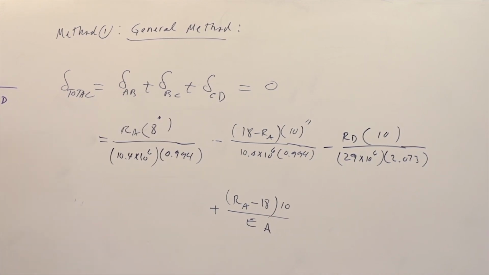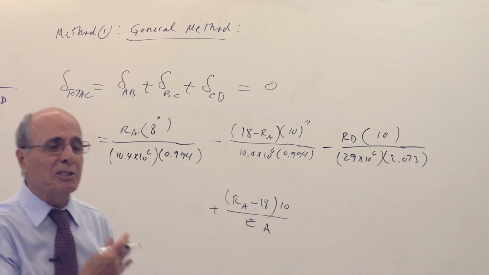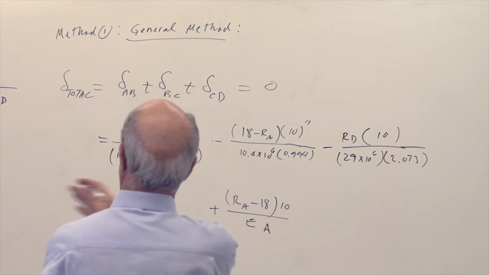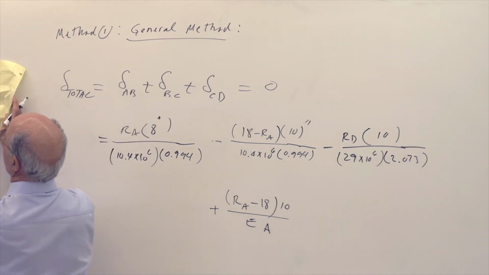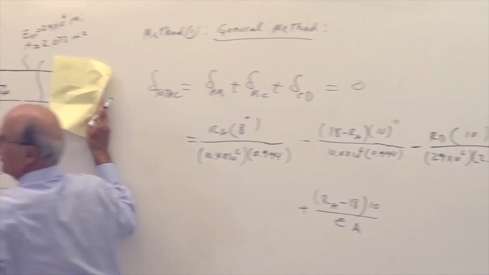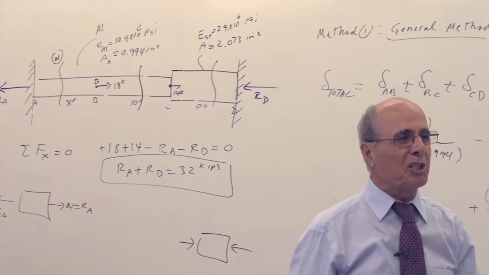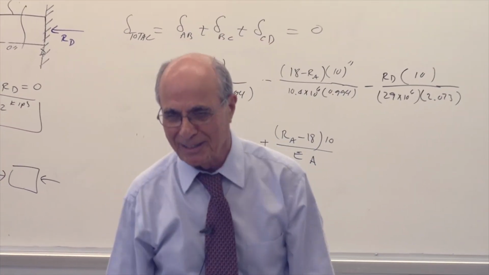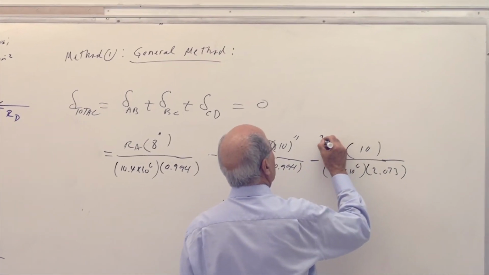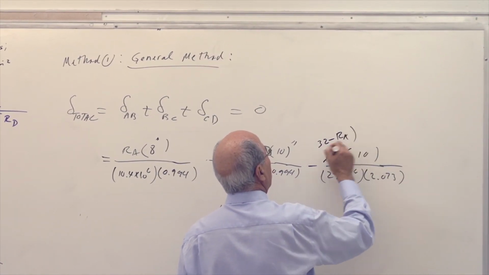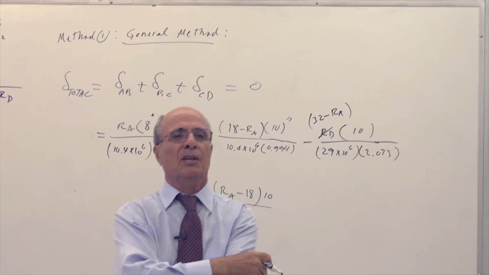RD equal to 32 minus, which you could have come from left. If you don't look at it, you come here, you see here 32 minus RA, which is equal to RD. Yes? This way is simpler, so I remove that and I put here 32 minus RA. Everybody see what I'm talking about? Yes? So it will work.